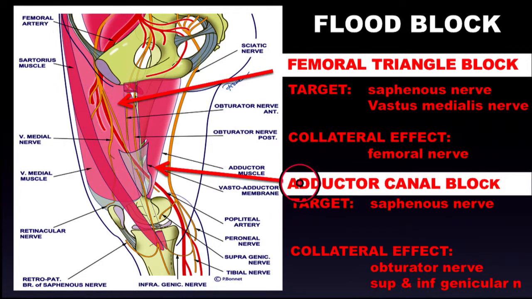On the other hand, because of the vasto-adductor membrane, the local anesthetic will be launched downside, and you will have perhaps or certainly the saphenous nerve, but it is probably not the most important nerve explaining the mechanism of action of this block. You will have a major collateral effect at this level, including the obturator nerve, the superior inferior genicular nerve, and the plexus in this area.